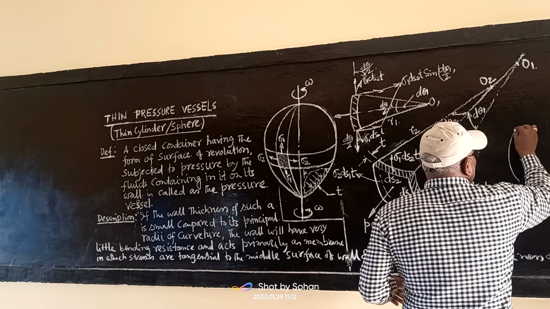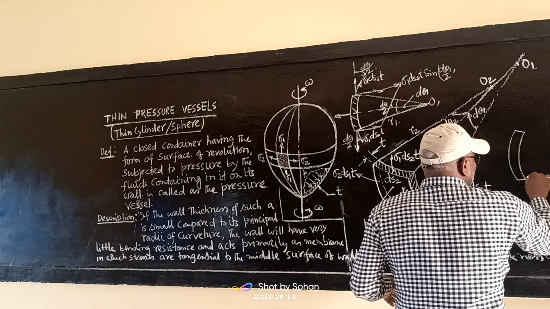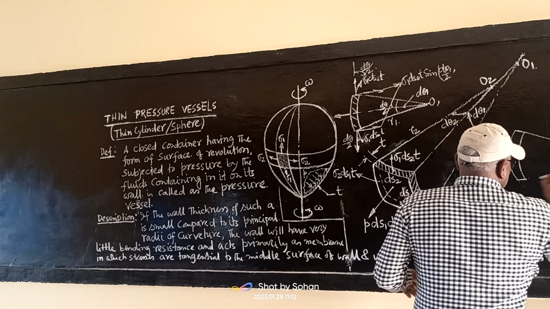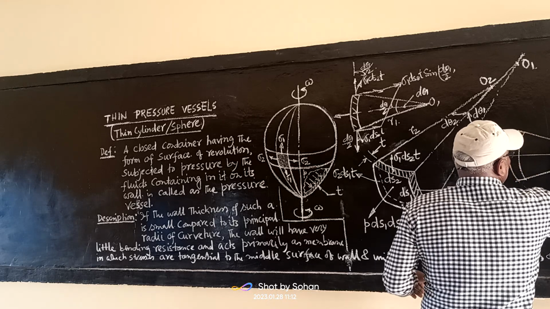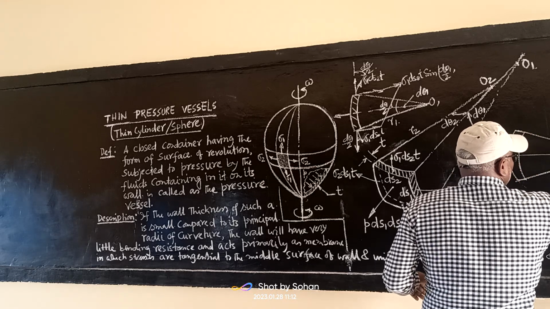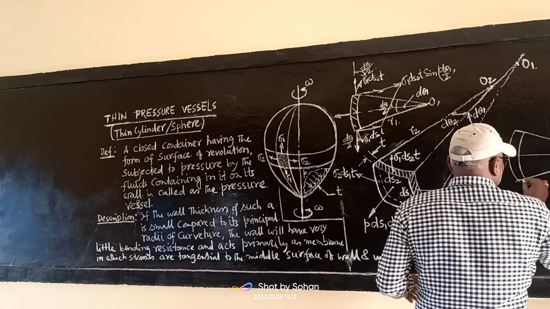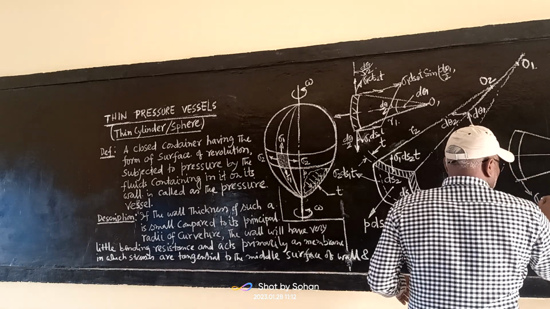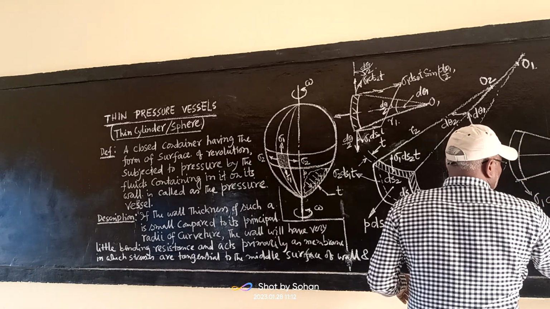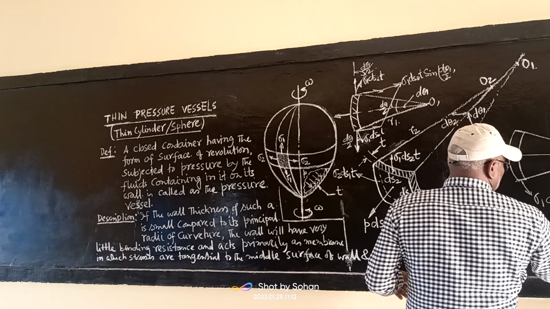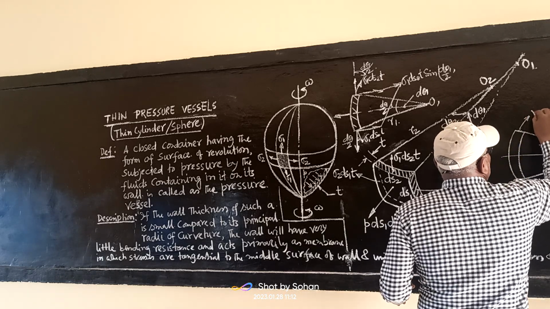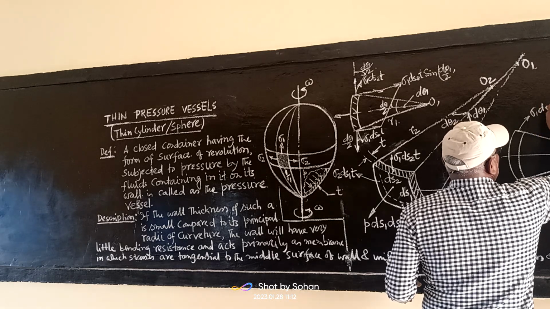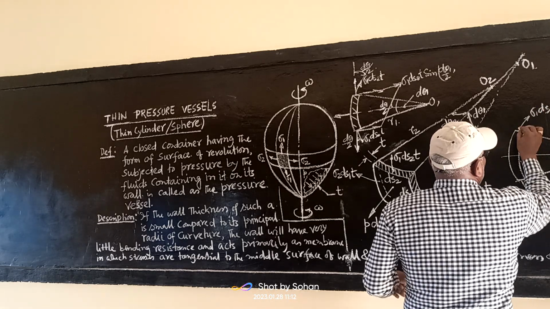This will be the element in the circumferential direction that will develop the result here. This will be R2, this will be d theta 2. Here the resultant will be sigma 2 ds1 t.